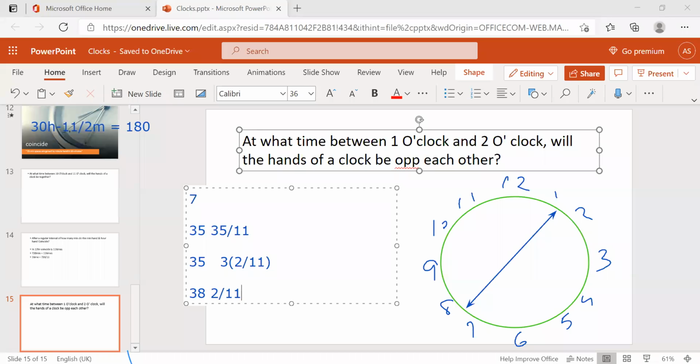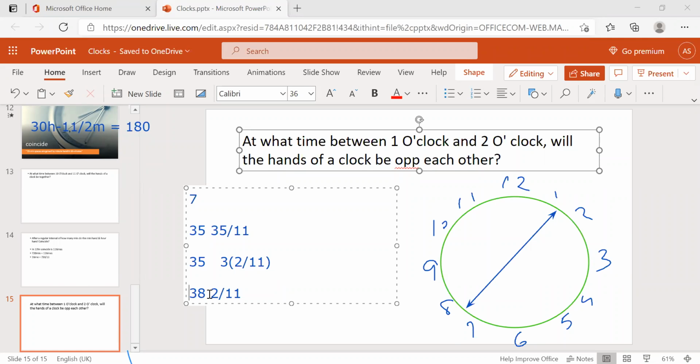But if it is a proper fraction, there is no need to convert and no need to add. If it is not a proper fraction, if it is an improper fraction, then we have to convert like this. Okay. Now, what's the time? 38 minutes 2 by 11.